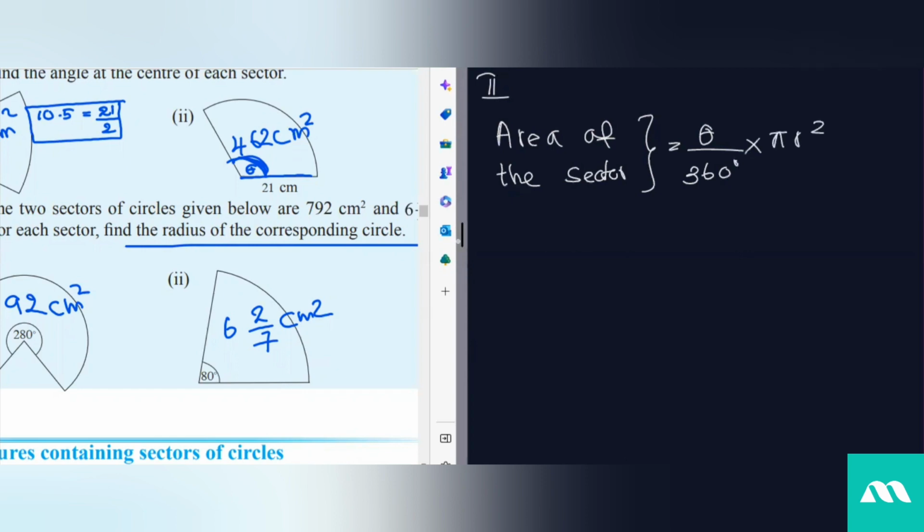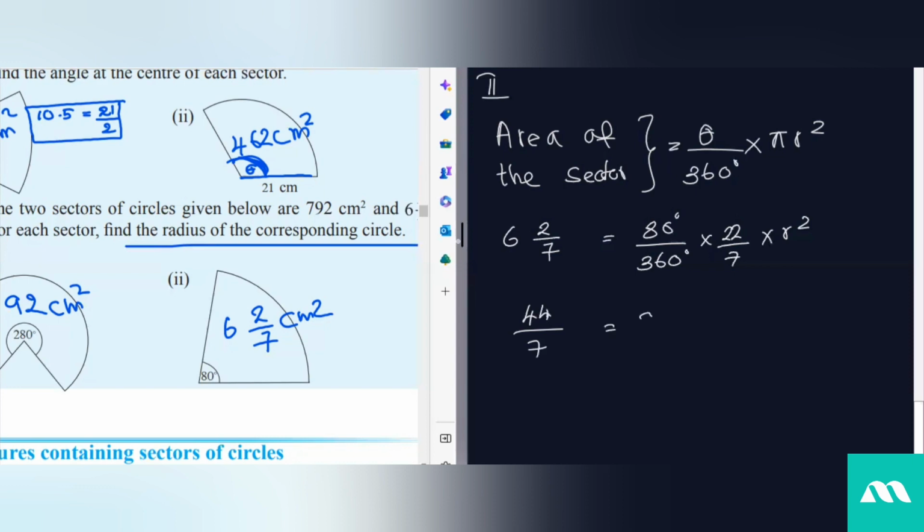Then area is 6 and 2 upon 7 equals 80 upon 360 times 22 upon 7 times r square. First convert this into an improper fraction: 7 into 6 is 42 plus 2 is 44, so 44 upon 7 equals 80 upon 360 times 22 upon 7 times r square.